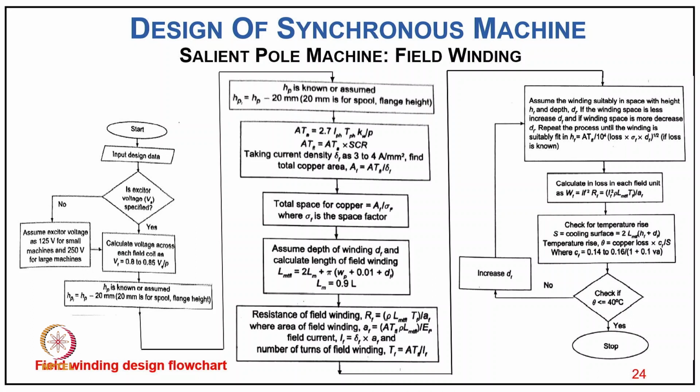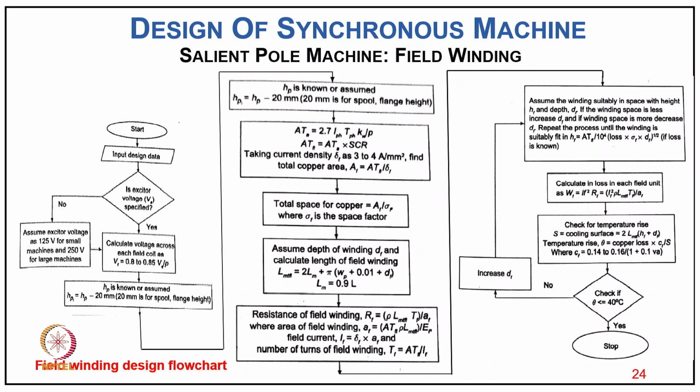So you have to start, then input the design data. Then, is the exciter voltage specified? Yes, then calculate the voltage across each coil, VR equal to 0.8 to 0.85 of V by P. If it is not known, then assume the exciter voltage as 125 volt for small machine and 250 for large machine. Then, is HP known?